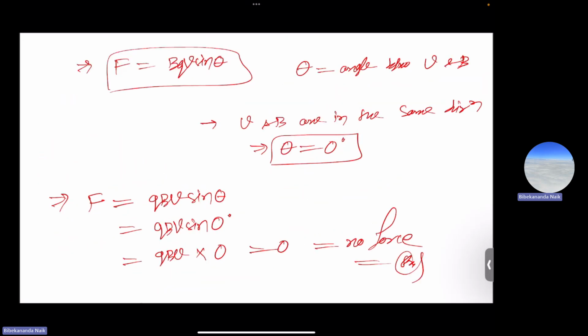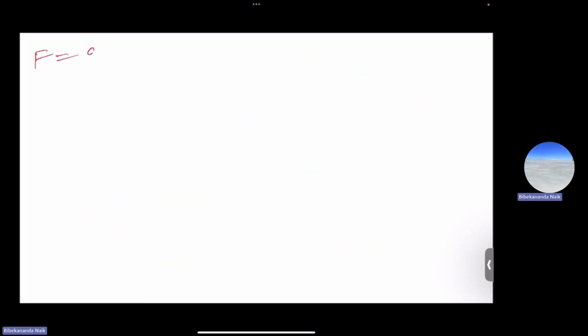When a charged particle moves inside a magnetic field, it experiences a force which is given by v cross B, and this is called the Lorentz force, or it is q v B sin theta.